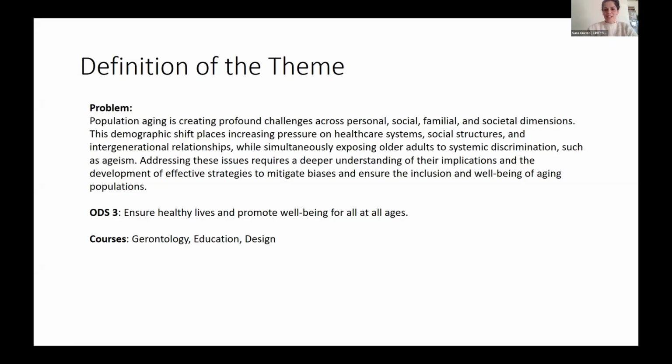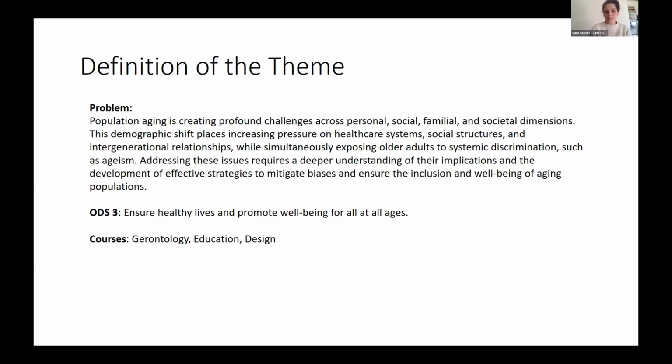Okay, so this is the definition of our problem. We think that population aging is creating profound challenges across personal, social, family, and societal dimensions, and that this shift places increasing pressure on healthcare systems, social structures, and also intergenerational relationships, while simultaneously exposing older adults to systemic discrimination such as ageism.